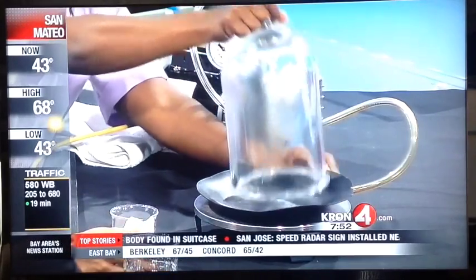This is a marshmallow, and I'm fascinated to find out what happens when you put a marshmallow in a zero atmosphere situation.